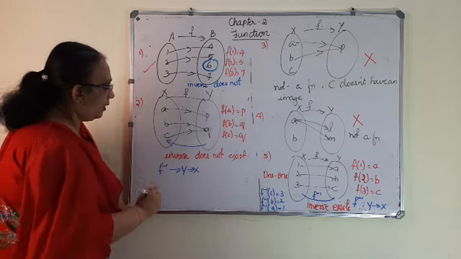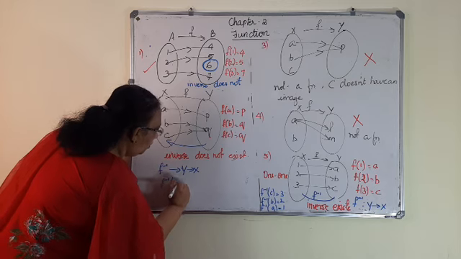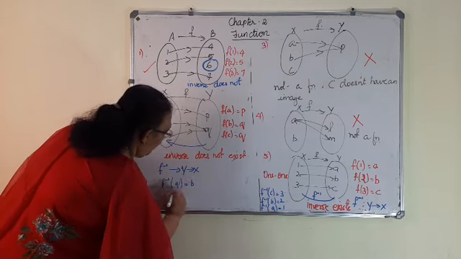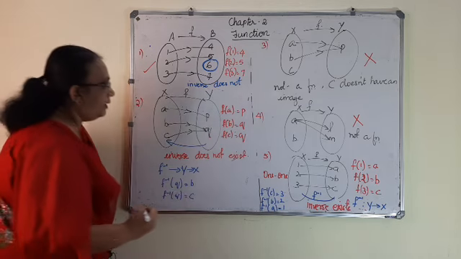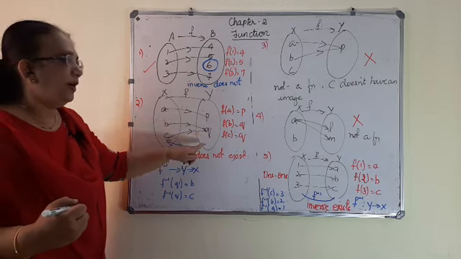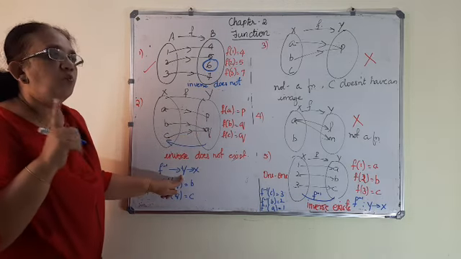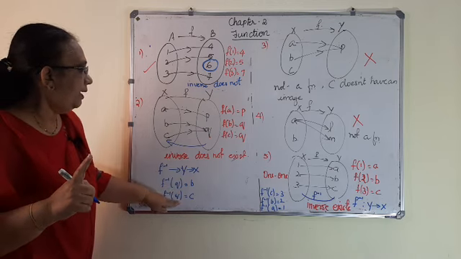In that case, when you define f inverse of q, it will have two images, b, and f inverse of q will have another image c. So this is not a function because every element in the domain should have one and only one image. So this does not have an inverse.